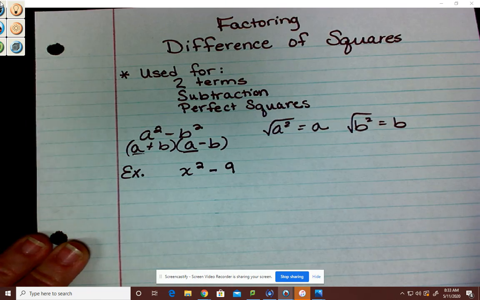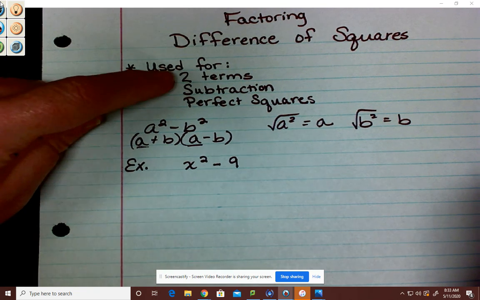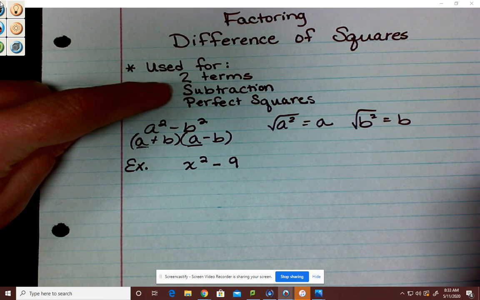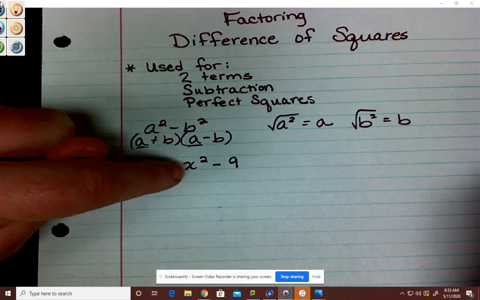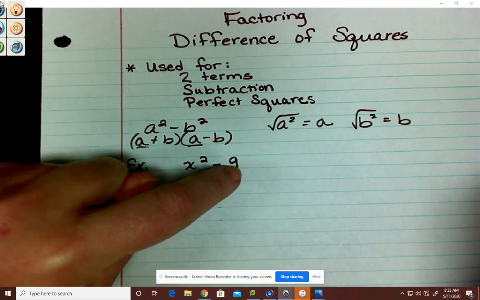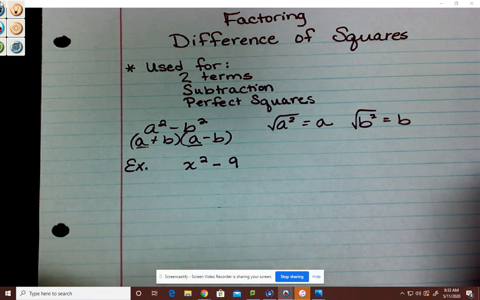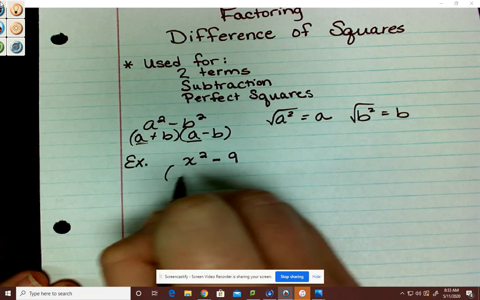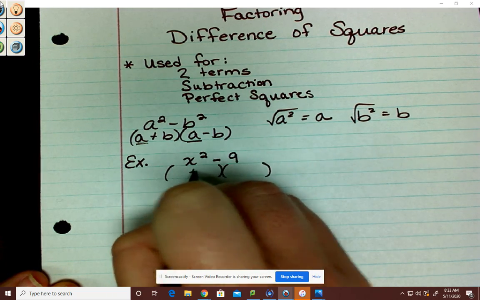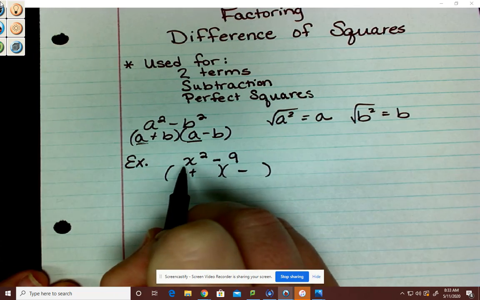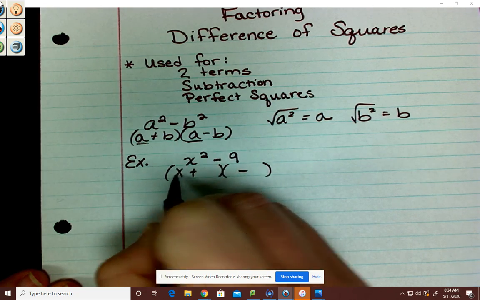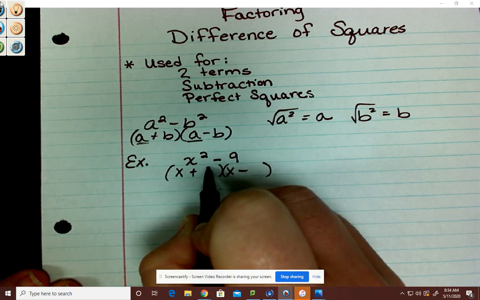Alright, so let's say we have x squared minus 9. First of all, it's a difference of squares because it has two terms and subtraction in between. And x squared has an even exponent, and 9 is a perfect square. So we put our two sets of parentheses with opposite signs. The square root of x squared is x, and the square root of 9 is 3.